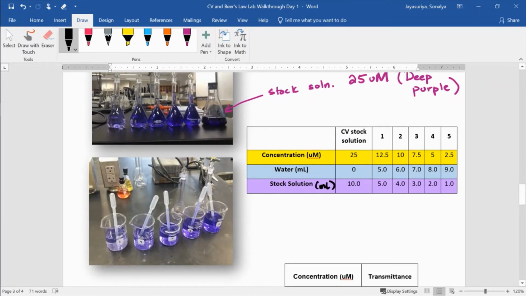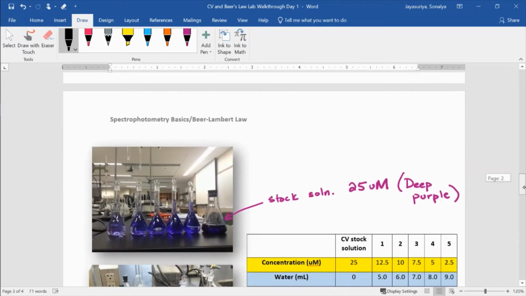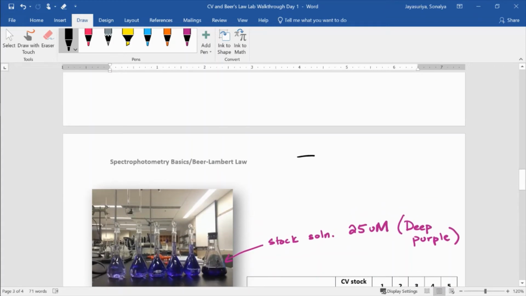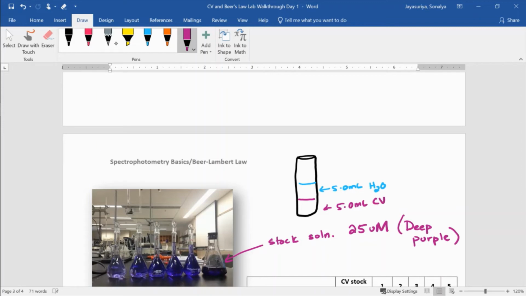So you're just adding to a test tube. I'm really trying to walk you through what would happen in the lab. So you would have a test tube. For the first solution, you would add 5 milliliters of crystal violet, and you would add 5 milliliters of water, and you mix them together. It doesn't actually just stay on the top like this. It mixes almost immediately, okay?